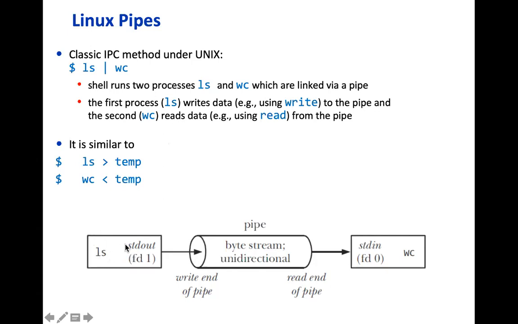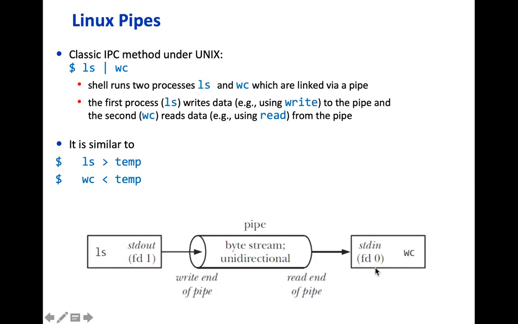So ls is running, and its standard output is normally the screen, which corresponds to file descriptor 1. Now instead of going to the screen, we map this standard output to the input of this pipe. This is called the write end of the pipe, and the output of it, which is the read end of the pipe, goes to another process, which is word count.